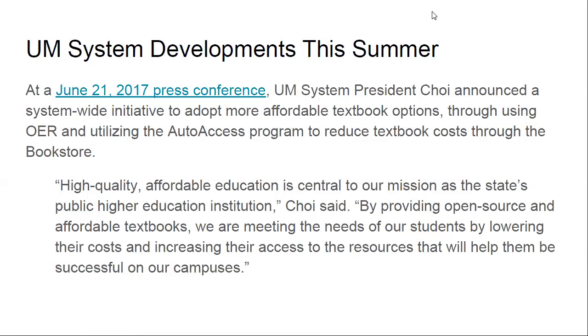And he said, high quality, affordable education is central to our mission as the state's public higher education institution. And then went on to talk about open sourcing things. He also went on to say really silly things, like we would have our entire freshman curriculum on open source by next fall.